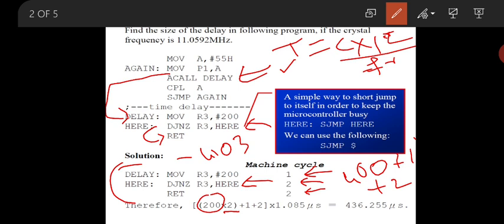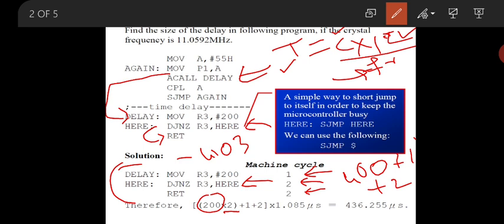Now what is the value of C? 403 machine cycles, multiplied by 12, divided by the frequency 11.0592 megahertz.